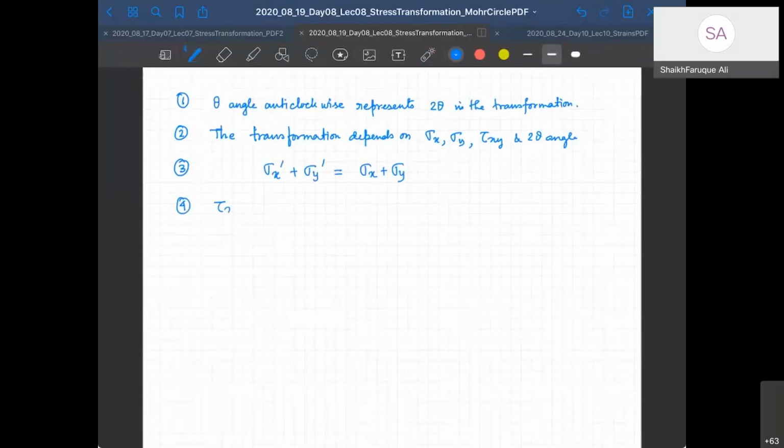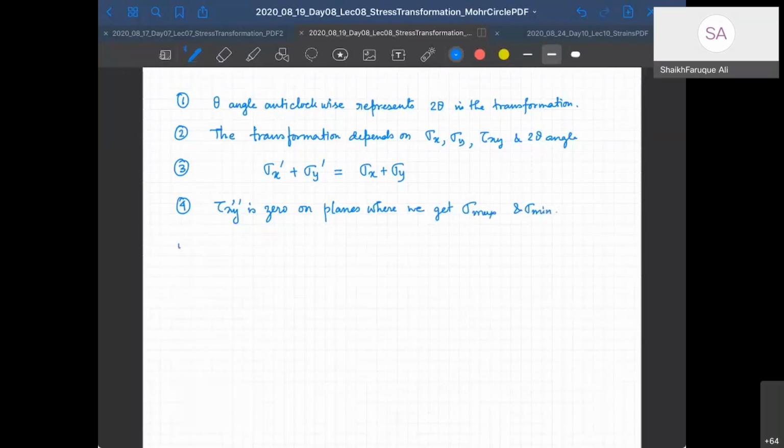Tau x'y' is 0 on planes where we get sigma max and sigma min.